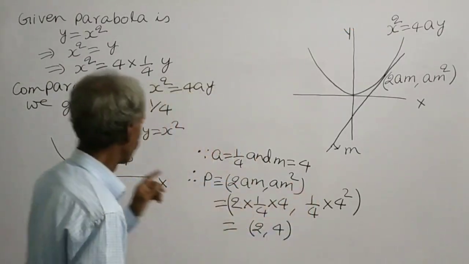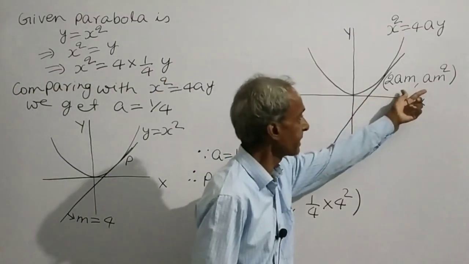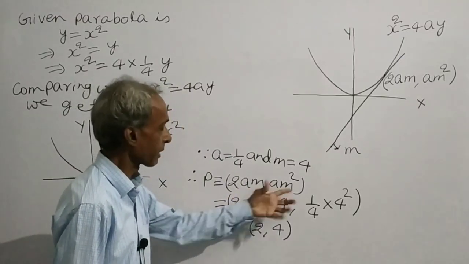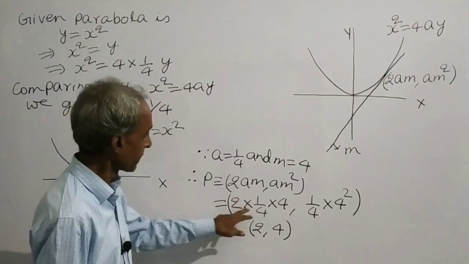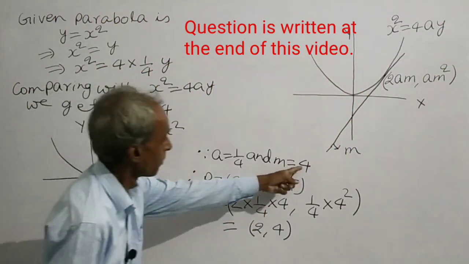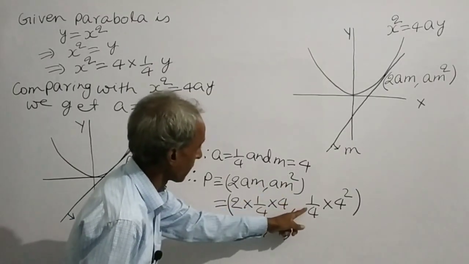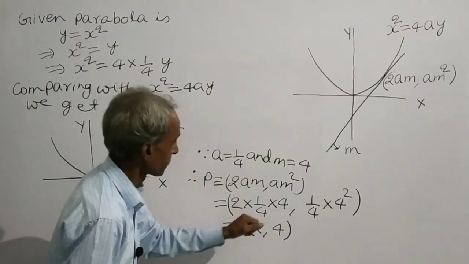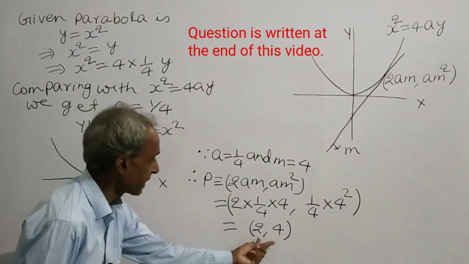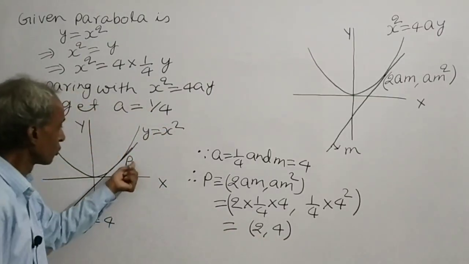Therefore, to find coordinate of point of contact P, we will apply this formula: 2am, am square. 2 times a times m is 4, am square is a, 1 by 4, m square is 4a square. Thus we get (2, 4). That means coordinate of point P is (2, 4).